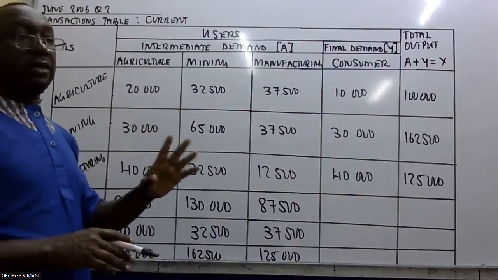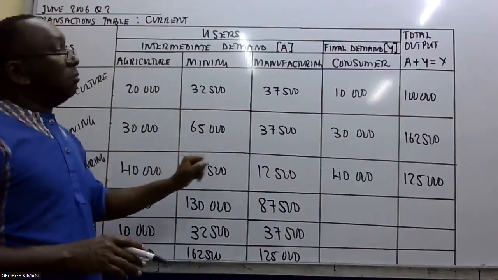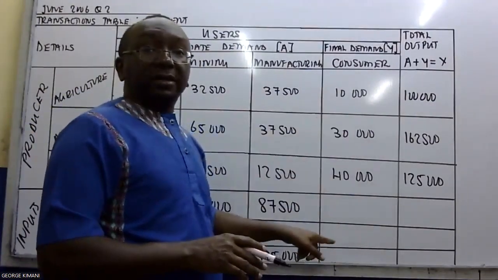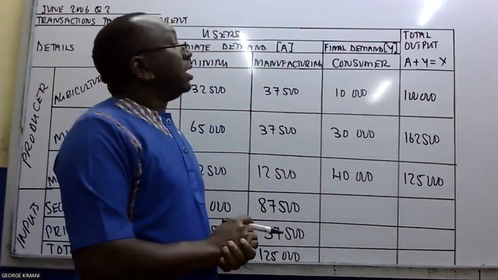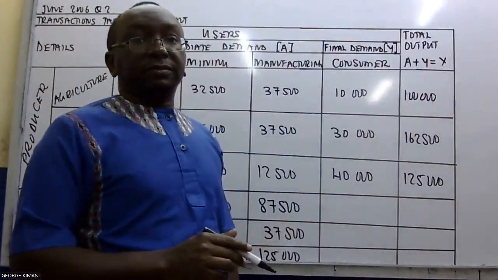The formula is slightly different. Or you are given the totals, but you are told there is a change in this final demand. If there is a change, like in this question the way it has been presented, to get your X, you use a different formula.